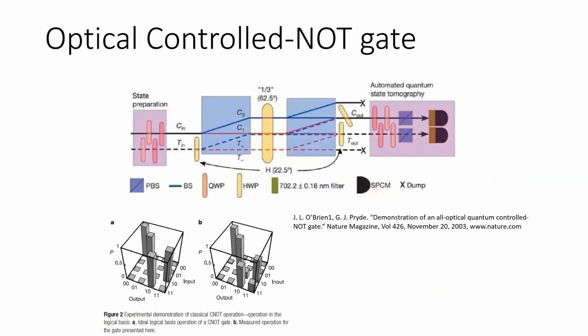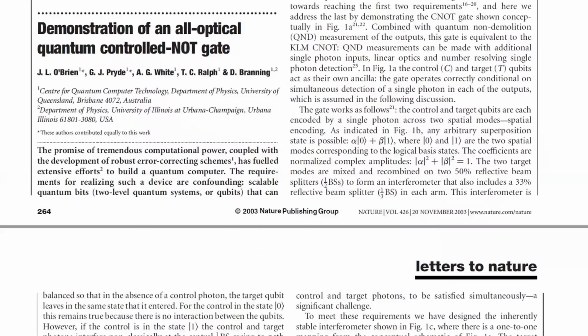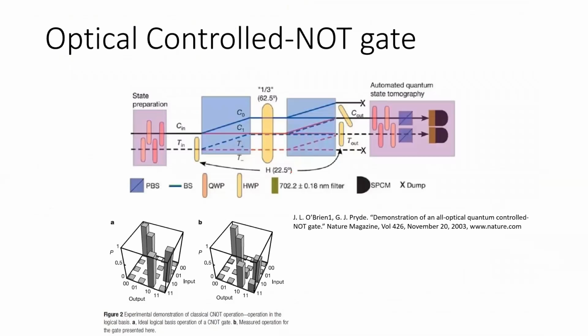Now, the second one is the C NOT gate, control NOT. And this is by far the hardest one to implement. But luckily, I found an article with a demonstration of an all-optical quantum controlled NOT gate. It's from Nature. It's a very respected, peer-reviewed article. So I trusted their design. They have this design that shows how to make a C NOT gate.